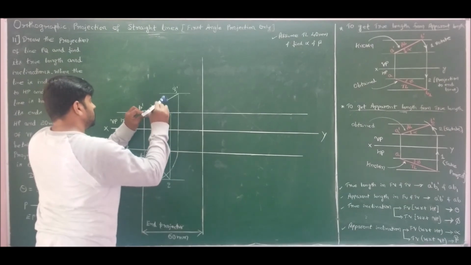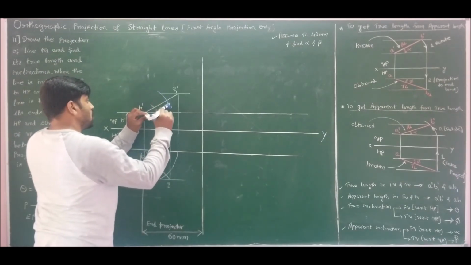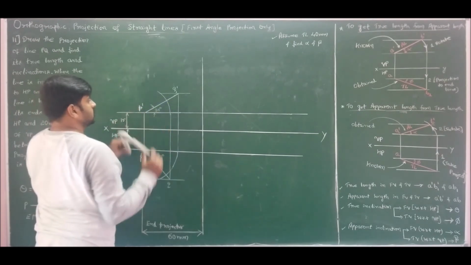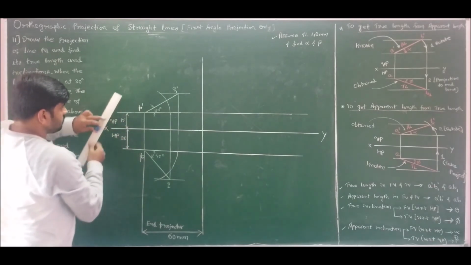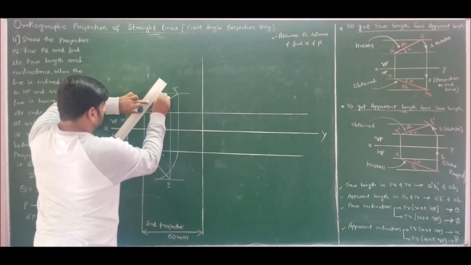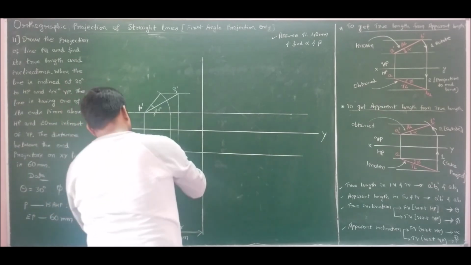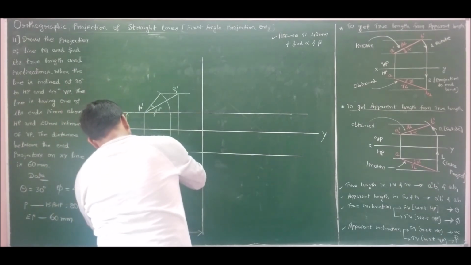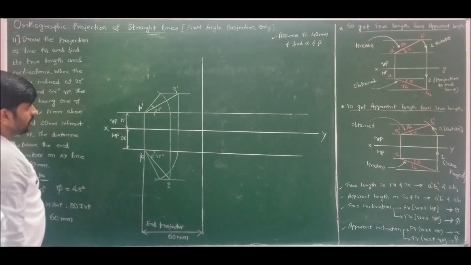Now rotating here also. I got the apparent line. So I am done with the apparent line.